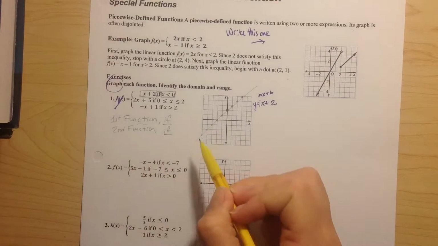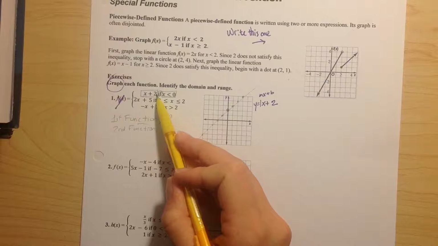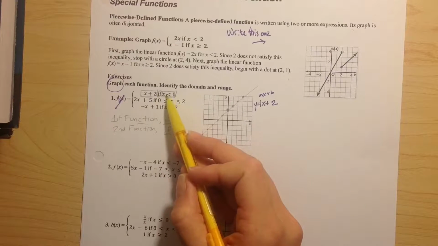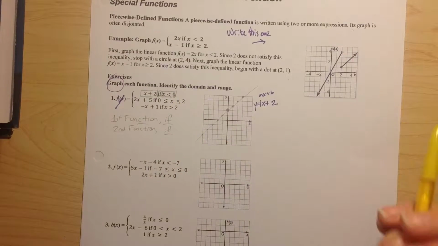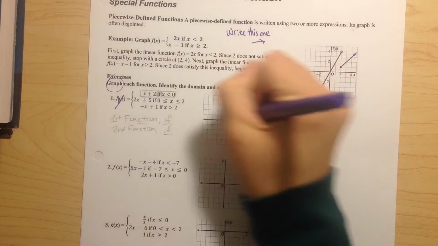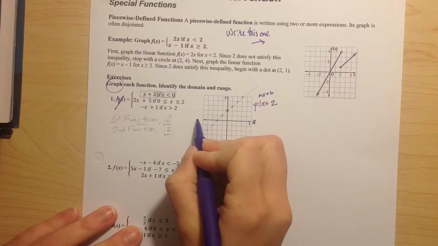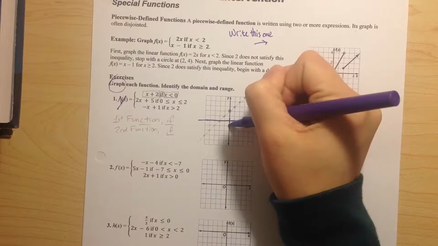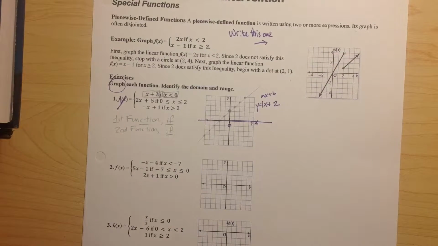Now, that function, x plus 2, is only good if x is less than 0. So here's the deal. Your x-axis is this one, right here. On this x-axis, I need to find when x equals 0. So I'm going to label that. X equals 0 is right there.